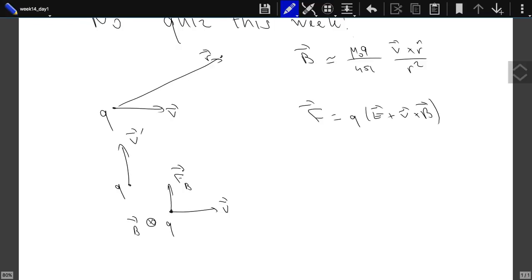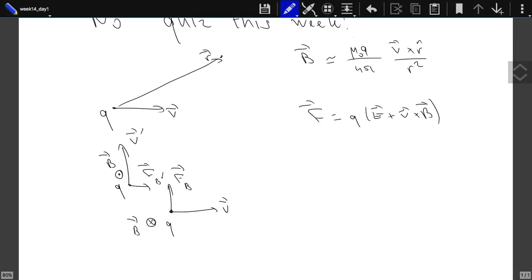Now, what about the magnetic field created by this charge at this point? Out of the screen. What is the direction of the force? v cross B is towards the right. Of course, we are assuming that q is positive.